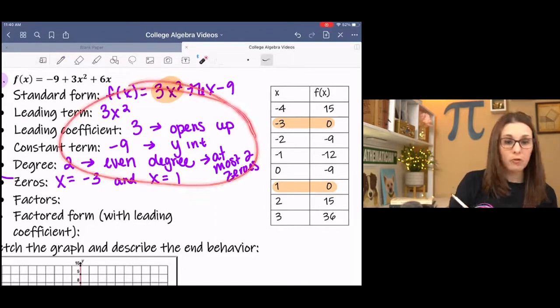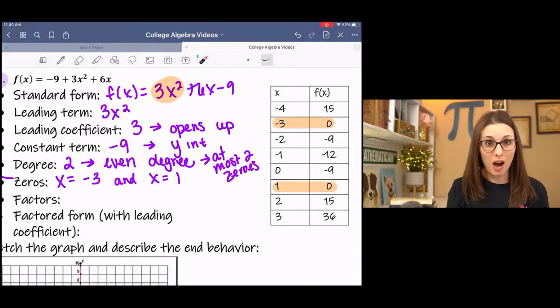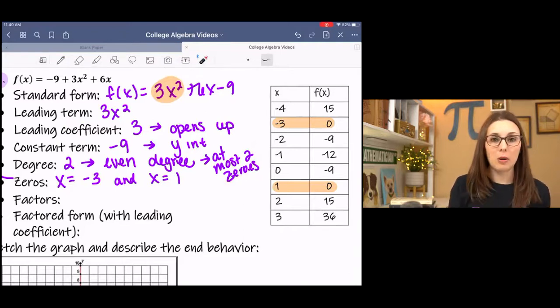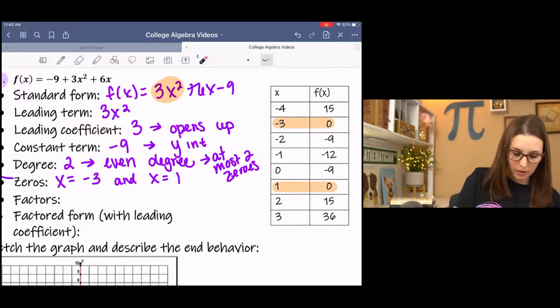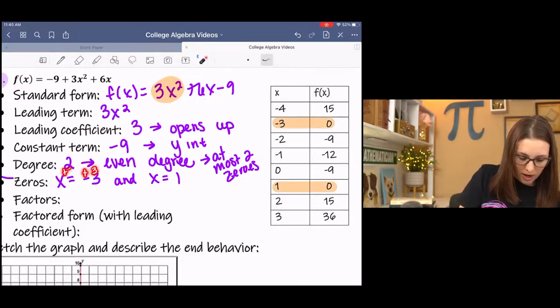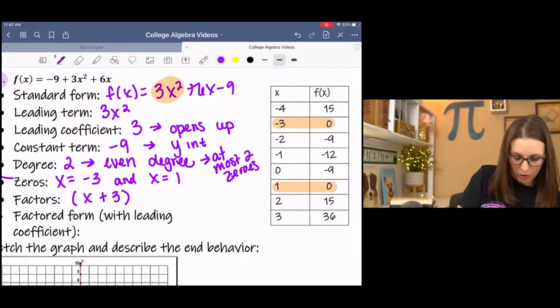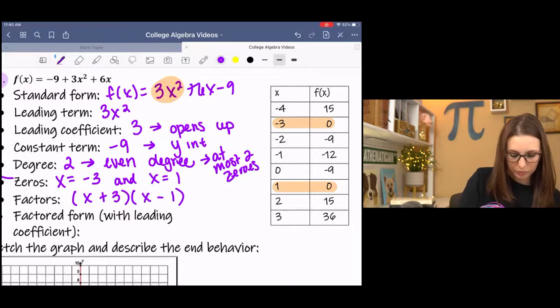This information is telling us a lot about our function, and that's why it's important to list out that information as you're working on problems. Now we know by the factor theorem that if these are zeros, then we can get them on the same side, and now we have factors. On this one, we would subtract 1.